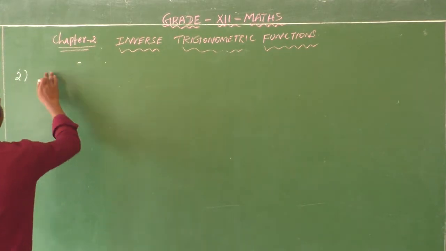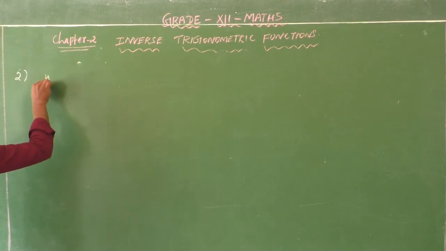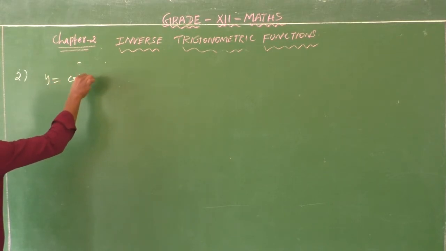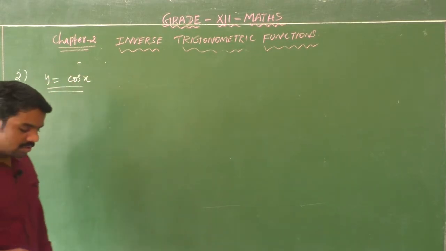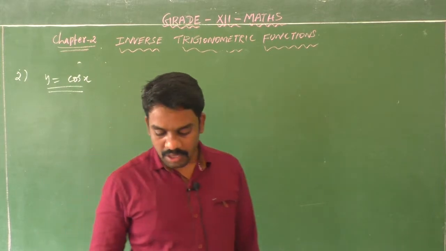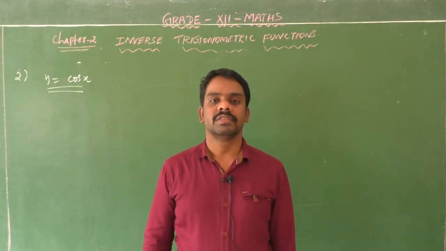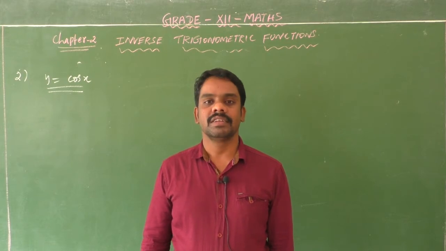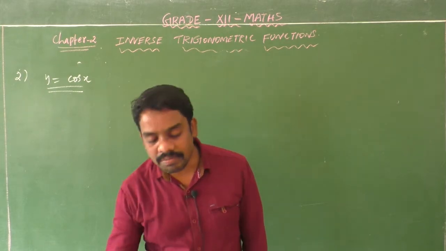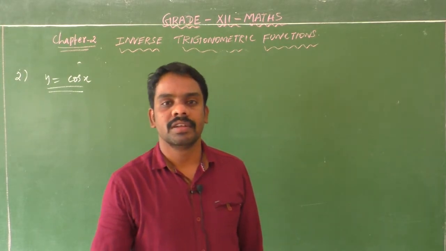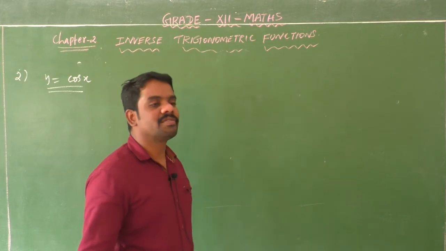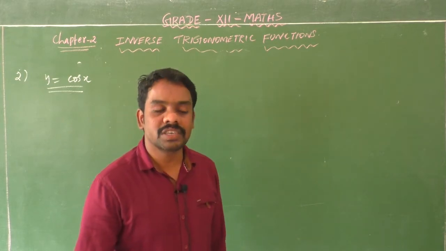Second one, y equal to cos x. You know, if the function f is bijective, then f inverse exists, that is, f is invertible. f inverse exists only when the function is bijective.